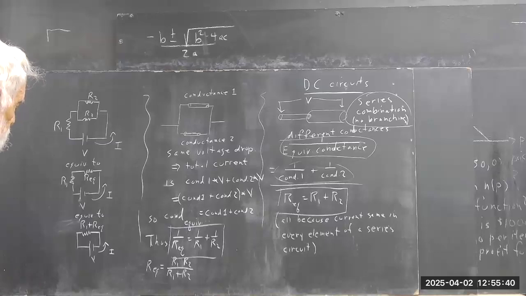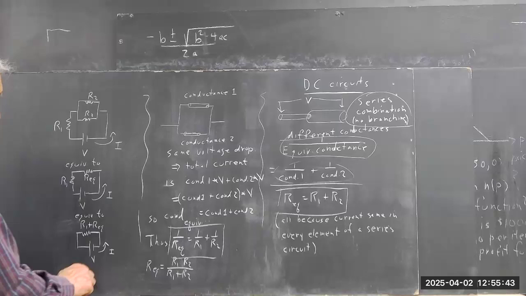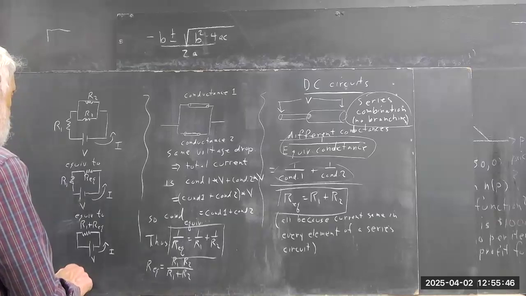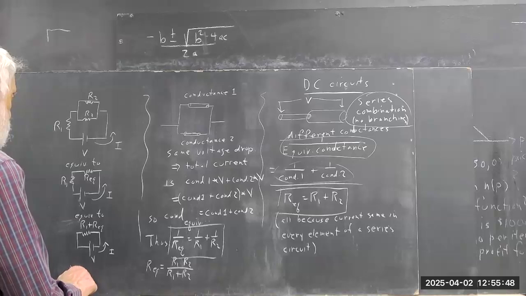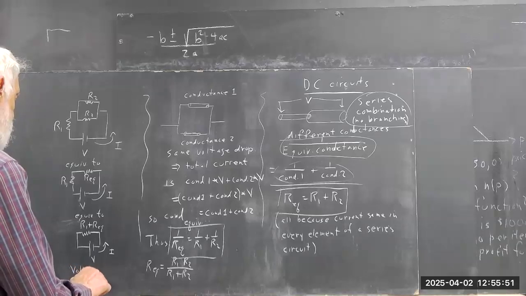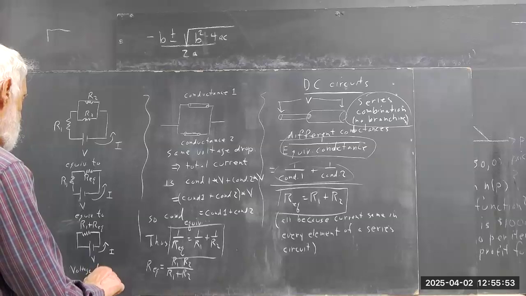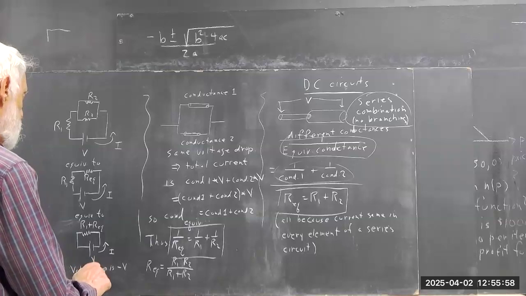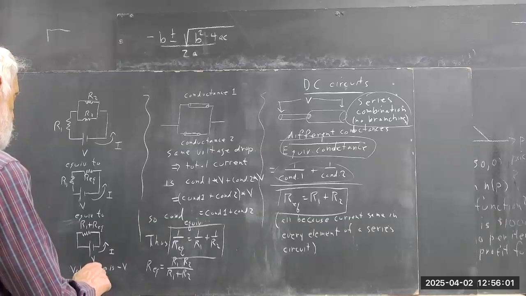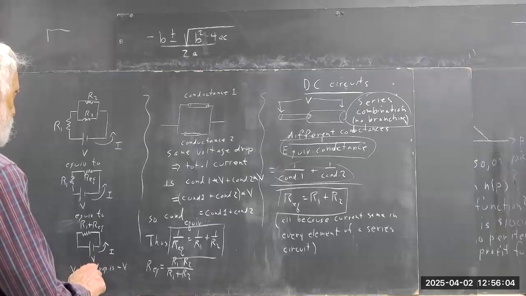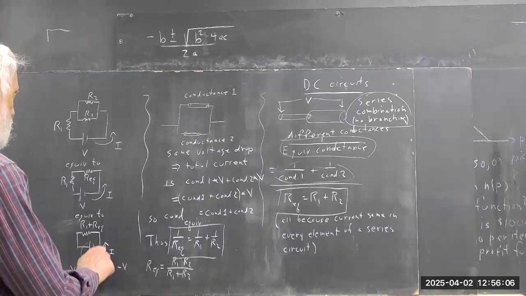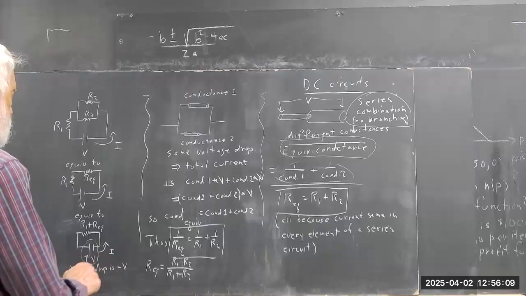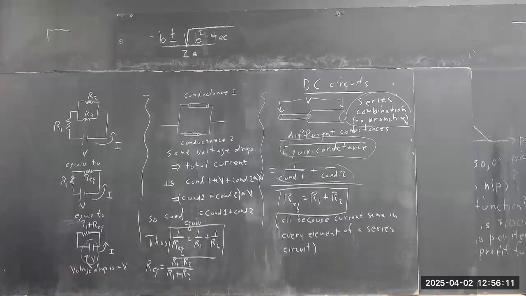The voltage drop across here is negative V if our current is in this direction.